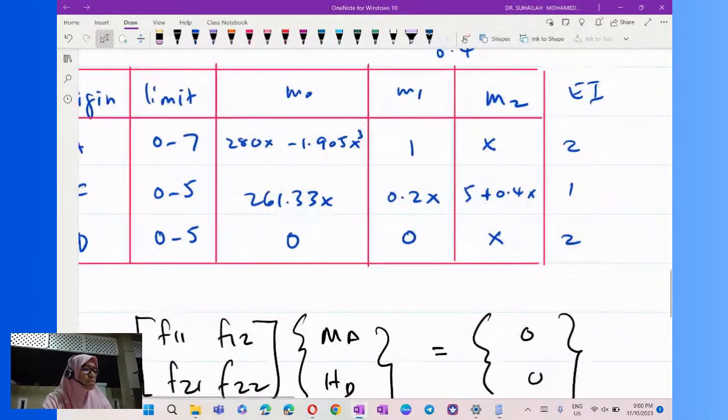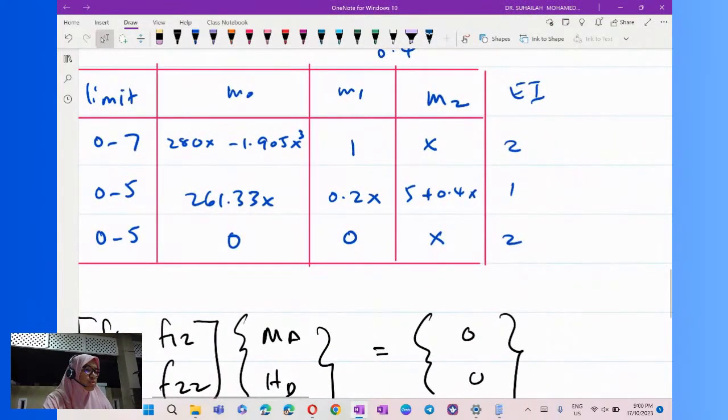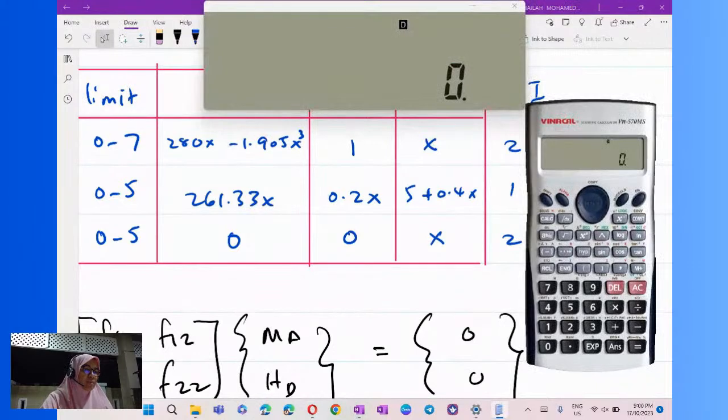Now we are referring to M2 and M naught. So we integrate.